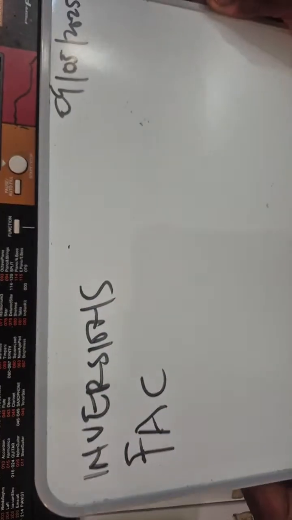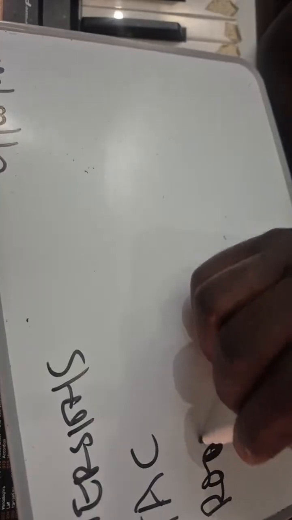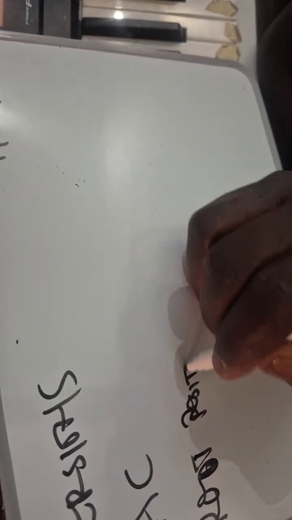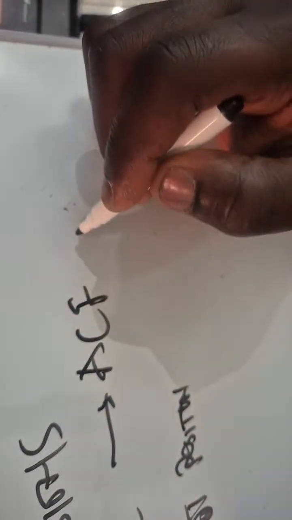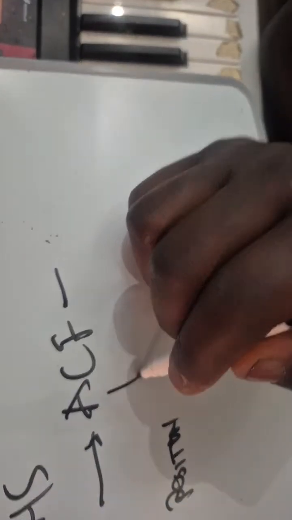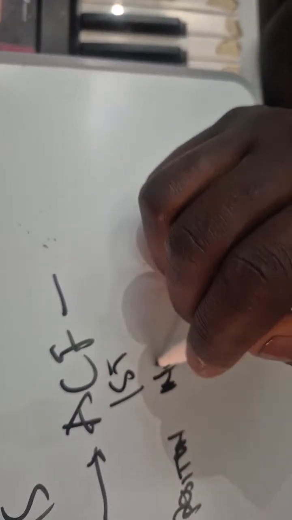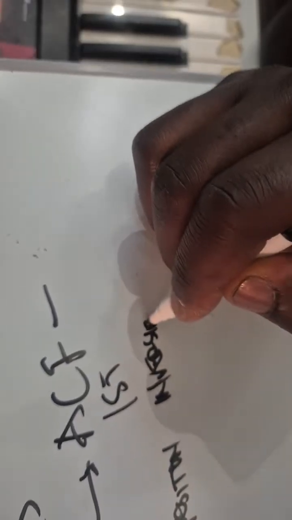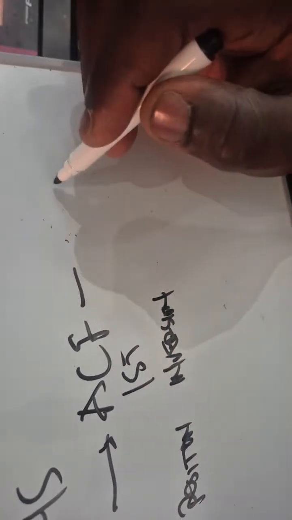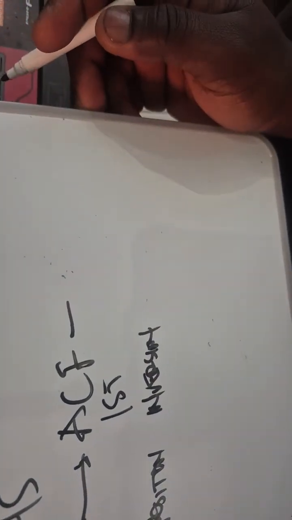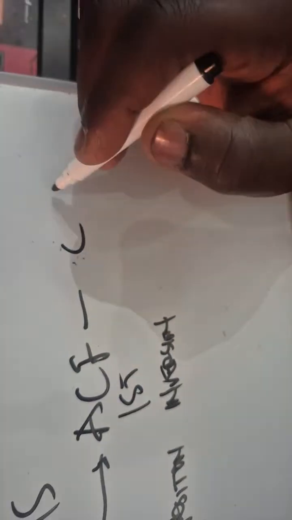Our first inversion is going to become A, C, F. And then the second inversion is going to become C, F, A.